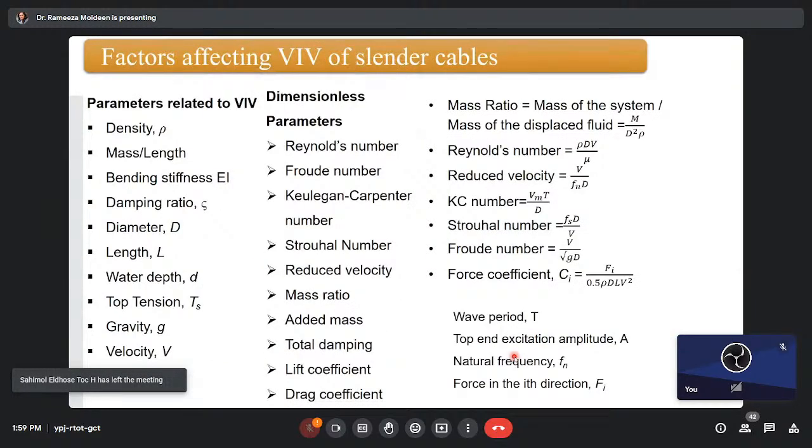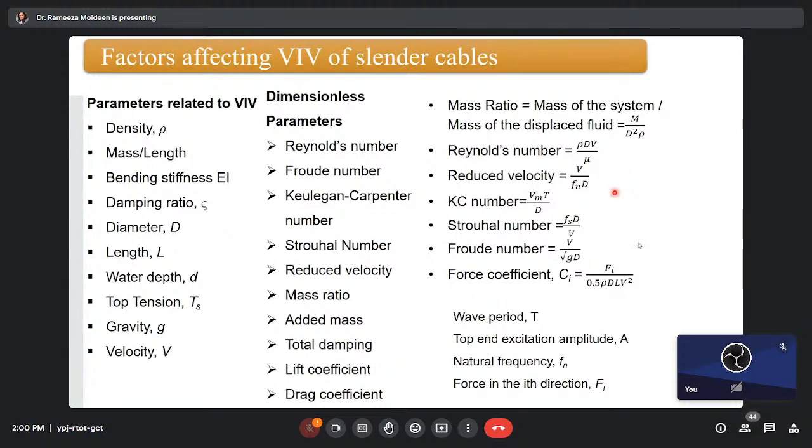As we see, this is a combination of fluid mechanics and structural mechanics. First of all, on the fluid part, we have the Reynolds number, which depends upon the velocity of the currents and also the diameter of the member. As I showed, the diameter of the power cable is about 300 mm to 500 mm.